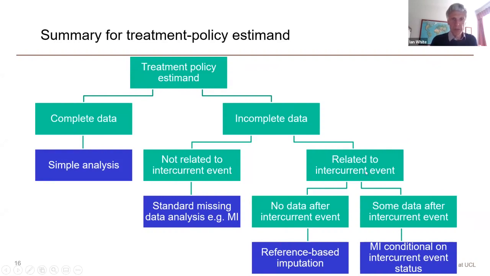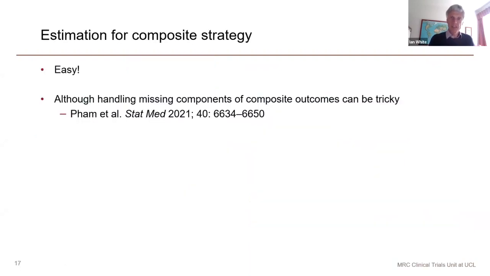So that's it for treatment policy. I'm now going to talk very briefly about the composite strategy. This is very easy, so I really don't need to say very much, because if you're handling your intercurrent events by a composite estimand, that means you simply bundle it in to your outcome statement, and there you are.